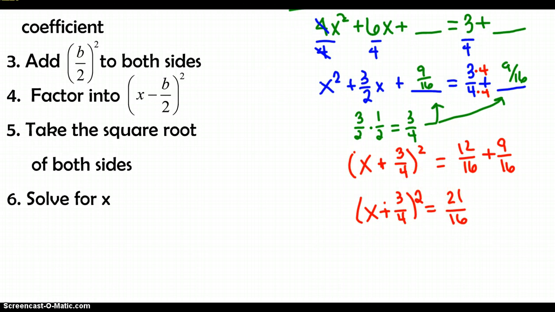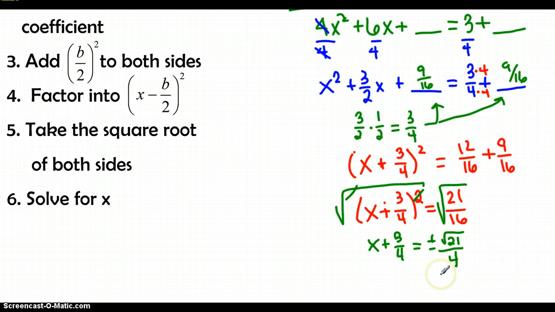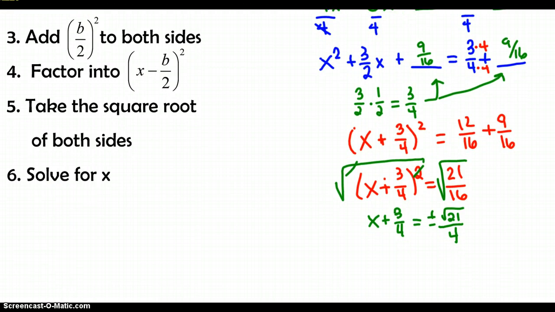So we can move on to step number 5, which tells us to take the square root of both sides. So the square root of the left-hand side cancels off the square. The square root of the right-hand side gives us two options. x plus 3/4 equals positive and negative. I want to split up my fraction, square root of 21 over 4. I cannot take the square root of 21, and it's already simplified as far as we can go. So I want to solve for x by subtracting 3/4 from both sides.